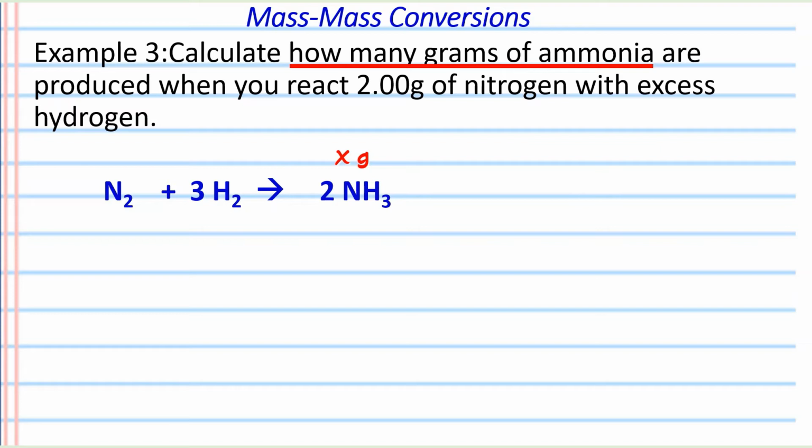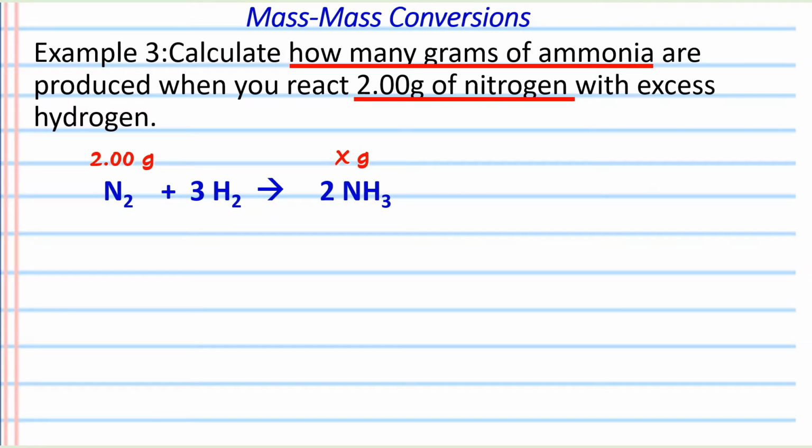And as we keep reading, it says when you react 2.00 grams of nitrogen, so over the N2 on the reactant side, we're going to write 2.00 grams. And if we keep reading, it says with an excess of hydrogen, which is just letting us know that there is plenty of hydrogen, and we're going to use up the entire 2.00 grams of nitrogen in this reaction before it stops.